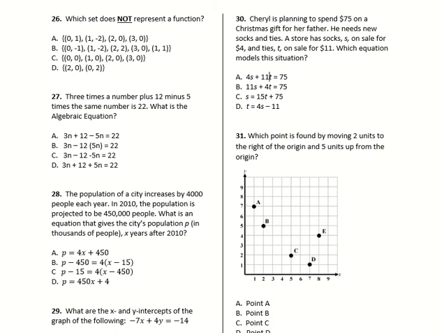B, P minus 450 equals 4 times the quantity x minus 15. C, P minus 15 equals 4 times the quantity x minus 450. D, P equals 450x plus 4.